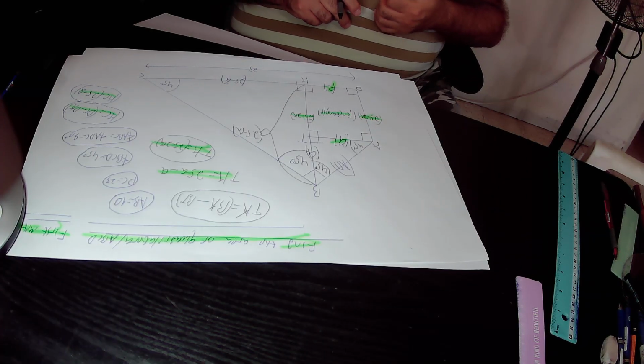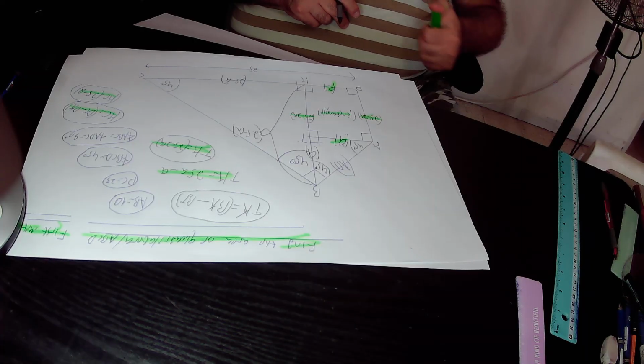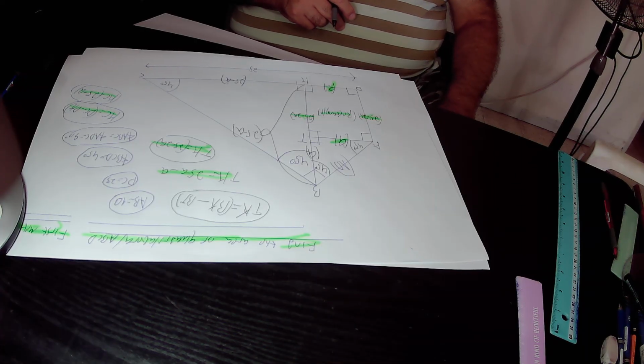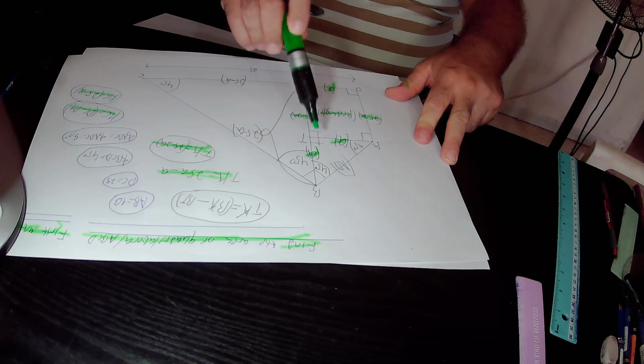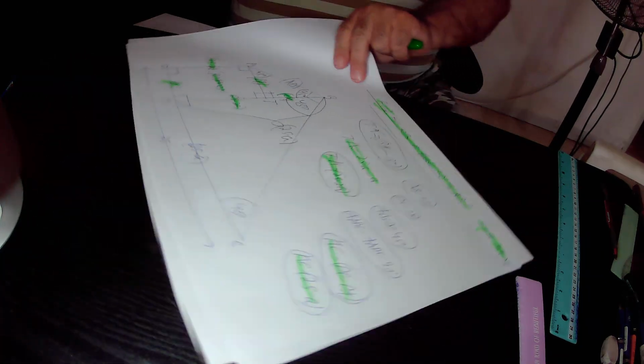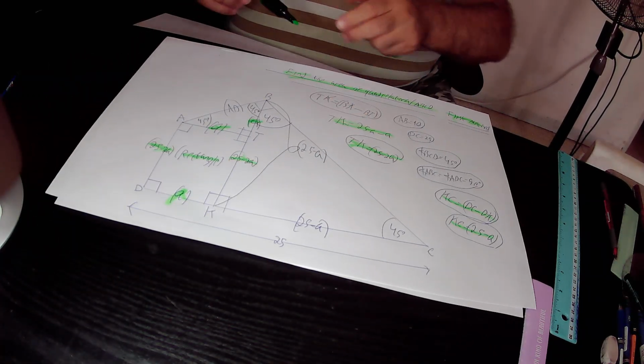Now, it is very easy to find out the area of quadrilateral ABCD, but before that, we'll implement the Pythagoras theorem on this small right triangle ABT.